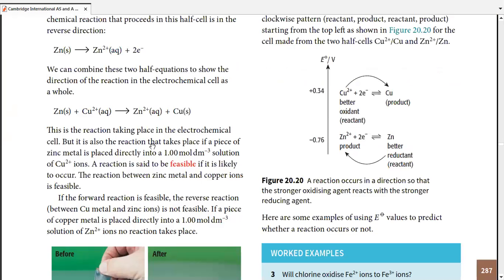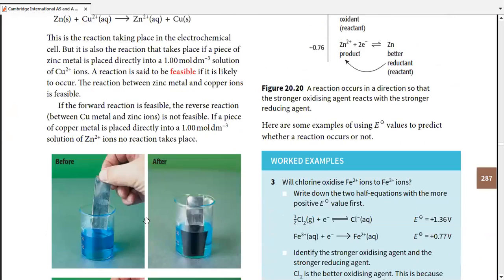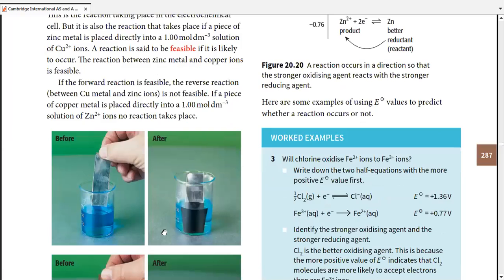Okay? So this is the reaction taking place in the electrochemical cell, but it is also the reaction that takes place if a piece of zinc metal is placed directly into a 1 mole per decimeter cube solution of copper ions. The reaction is said to be feasible if it is likely to occur. In this case, the reaction is very likely to occur between zinc metal and copper ions. Take a look.